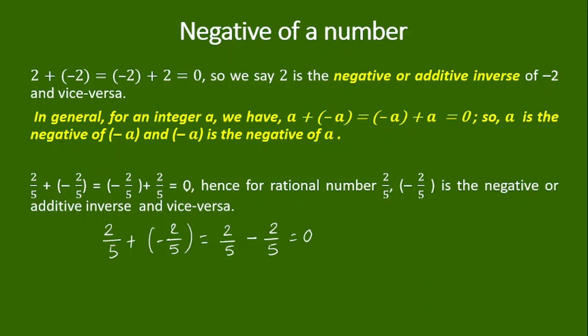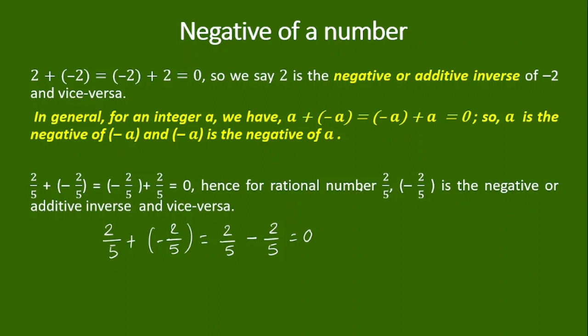So again I can say that the rational number 2 upon 5 is the additive inverse of minus 2 upon 5, or the negative of minus 2 upon 5, and minus 2 upon 5 is the negative or additive inverse of the number 2 upon 5.